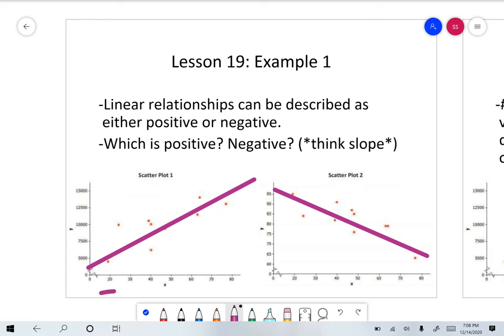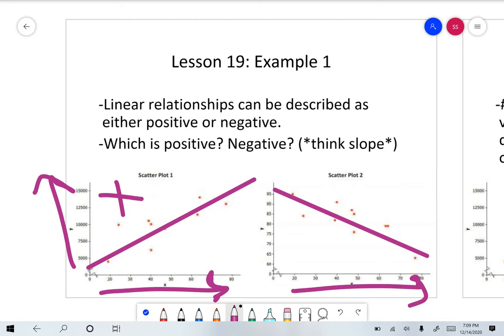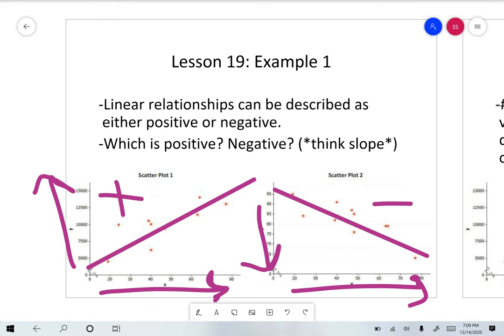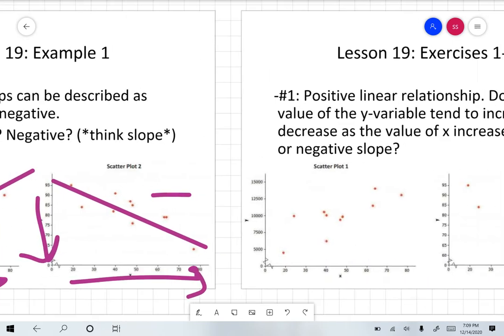Well, as x increases, y is also increasing. So we would call this a positive relationship. Whereas the one on the right, as x increases, y is decreasing. So we would call that a negative relationship. That's just basically tying back into slope, positive and negative slopes. Now there's a point to this.